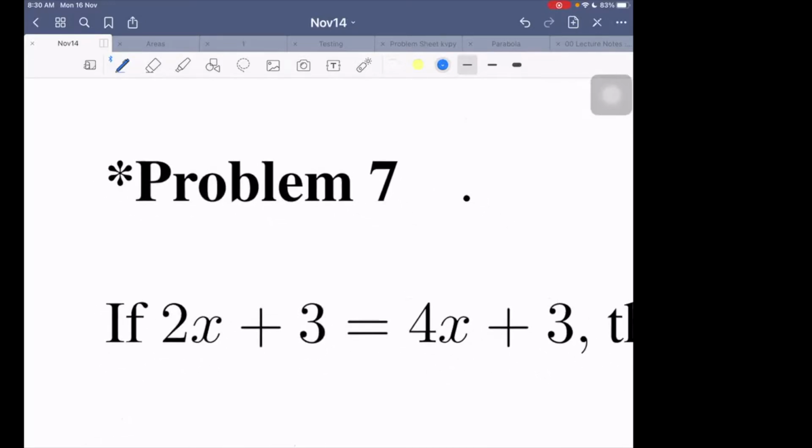Yes, very good. Just think, Prisha. It is going to be 0, right? Because you have 3 and 3. If you set x is equal to 0, it is going to be satisfied.